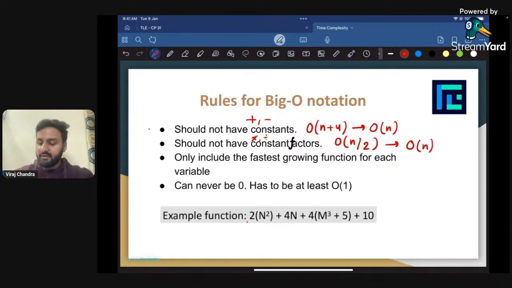Third rule. I think we have covered 2 rules. Third rule: only include the fastest growing function for each variable. Let's say your time complexity is given as n cube plus n by 2 plus n square.